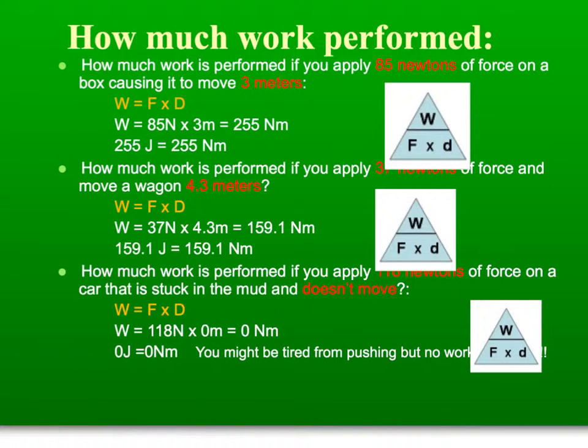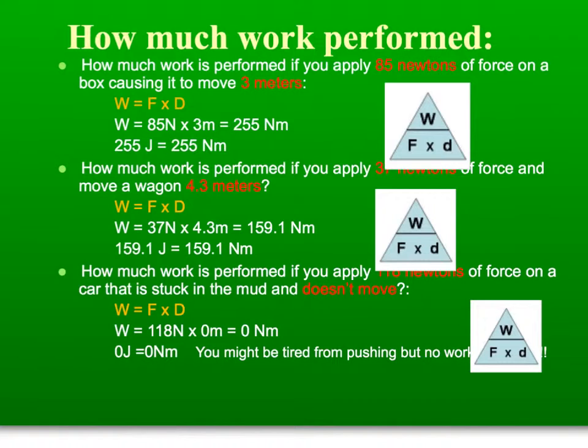How much work is performed if you apply 85 newtons of force on a box causing it to move 3 meters? Now, the key thing for understanding these problems is to understand what unit each of the components of the equation are in. Force will be measured in newtons.